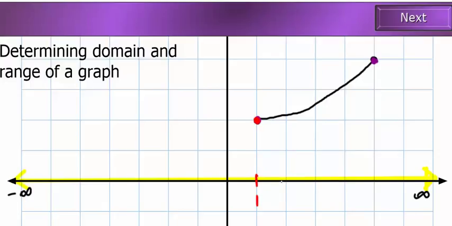When I put a 2 in, I get a value that's a little bit bigger than 2 as an output. Every value in between 1 and 2 has an output. Every value through 3 has an output. As a matter of fact, every value through 5 has an output on this graph. Therefore, our domain goes from 1 to 5, and it is a closed interval.